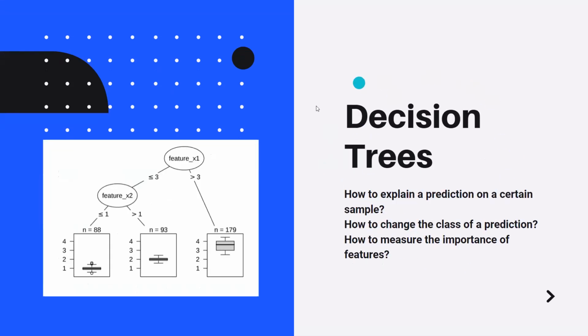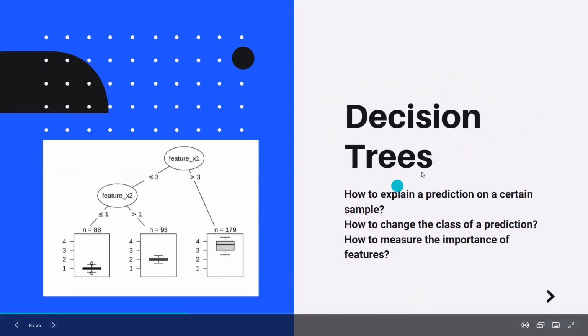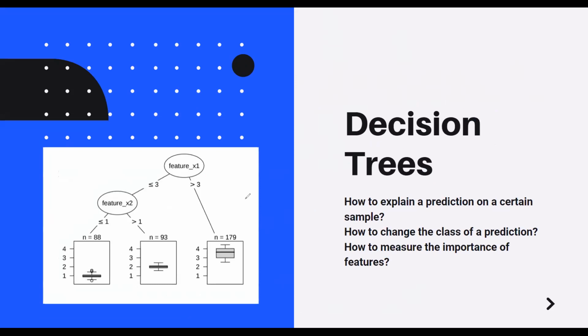The next model we're going to work with is decision trees. Decision trees are also a very simple and highly interpretable model. The first level, algorithm transparency: how is the algorithm creating the model? Again, we all know the story.